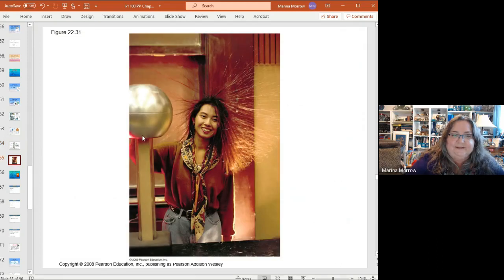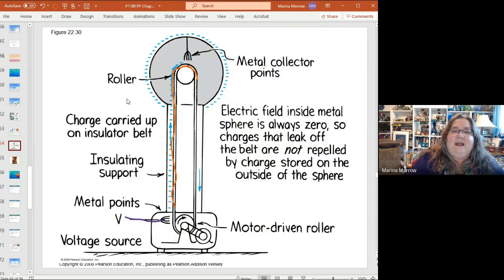Right, so there's a big metal sphere, and here's the electric band that's carrying the electrons. And so the charge gets carried up. And the thing is, it can build up a very large charge. Usually we have one at the college that's about a 10 centimeter jump. So that would be 300,000 volts.